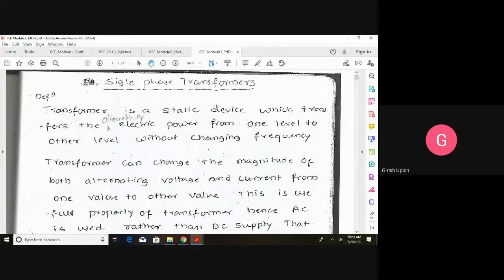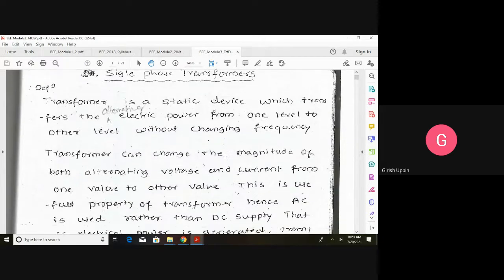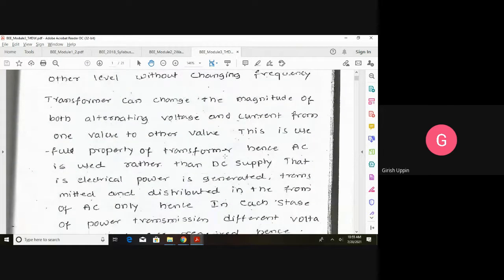Those are the voltages where we do the transmission. There we need the transformer to transform from the generating voltage to the transmission voltage. Again, on the distribution side, we have to step down the voltage until it comes to our domestic usage, where it is 230 volt single phase or 440 volt three phase, that is achieved using the transformer. So we need transformers everywhere in the power system.